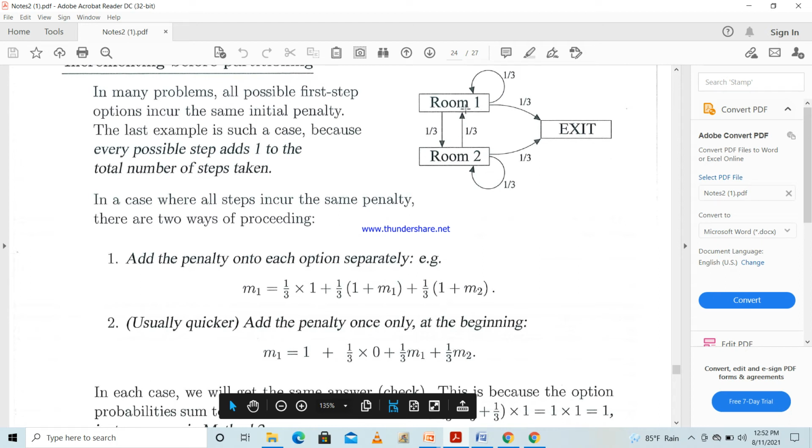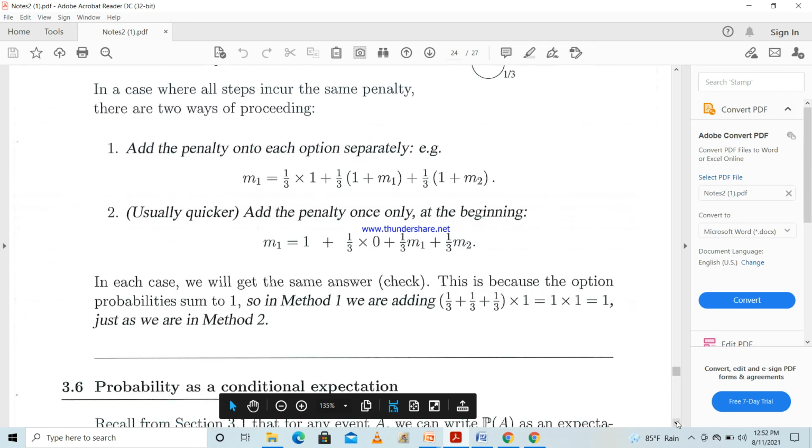If you are in room number 1, first we write the penalty as 1, plus the first option is 1 over 3, then you can exit. You have nothing to worry about, so we take it as 0. And if you take this path, the probability is 1 over 3, coming back to room 1. Then again we are interested in M1, so 1 over 3 into M1. And if you use this path, the probability is 1 over 3, coming to room number 2. So 1 over 3 into M2.